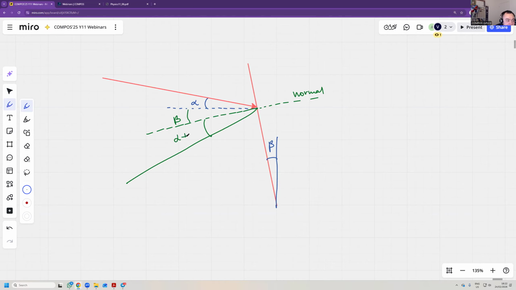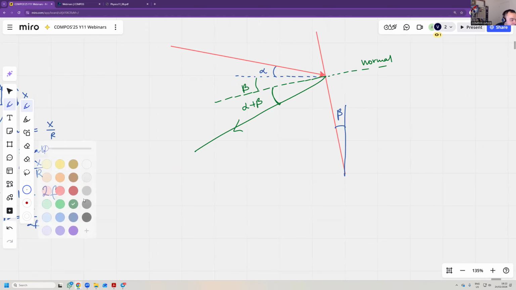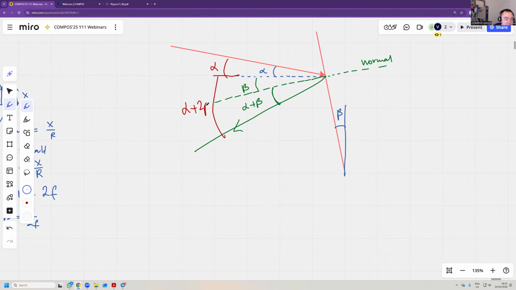So this is alpha plus beta as well. The angle of incidence is equal to the angle of reflection, right? Because the angle to the normal is equal to the angle to the normal. And therefore, if this angle is alpha, then this angle is alpha plus 2 beta. Does that make sense? Because there's the normal line, which is at an angle beta, and reflects.